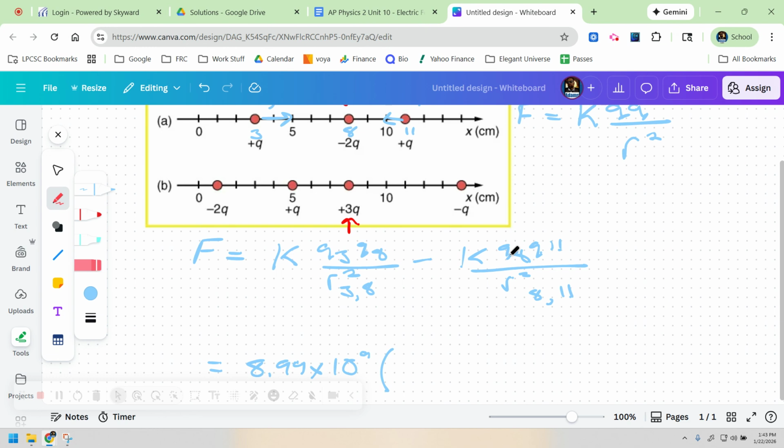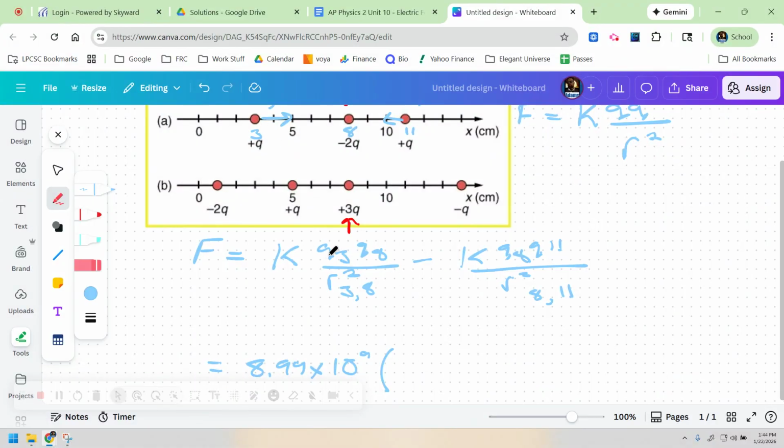Let me think for a second here. Okay. So this is an interesting one. Mathematically, I'm just going to do it, and it'll be an interesting one.